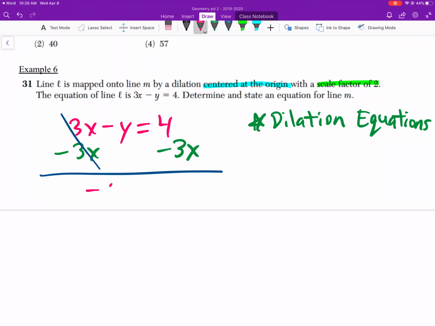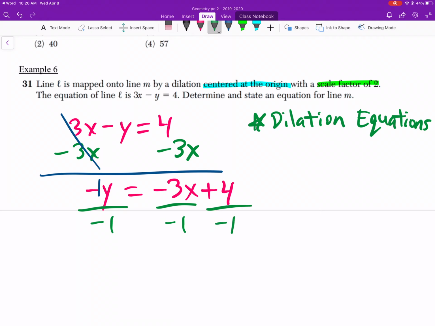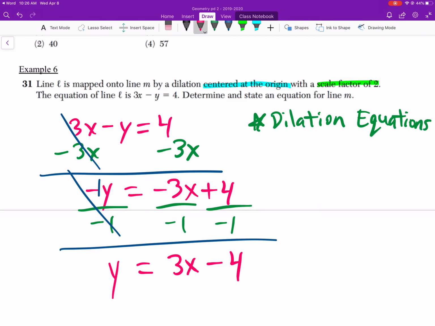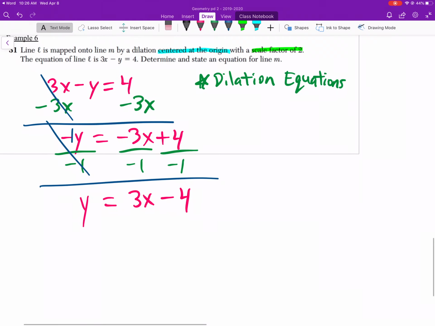We bring down a negative y here is equal to negative 3x plus 4. There's really a negative 1 in front here. So we're dividing out negative 1, which just changes all the signs. And we get y is equal to 3x minus 4. So now we can see, right?